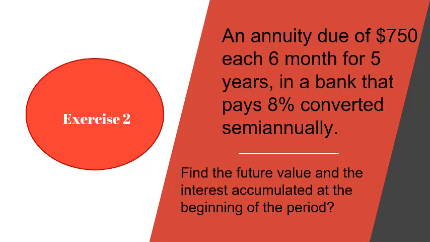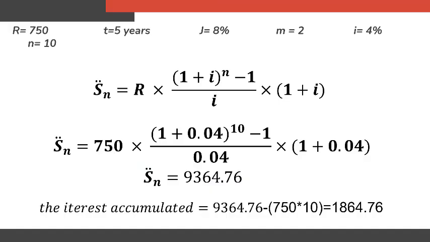The required here: find the future value and the interest accumulated at the beginning of the period. For R equal 750 and T equal 5 years, and for J equal 8% and M equal 2, so I equal 4% and N will be equal 10.